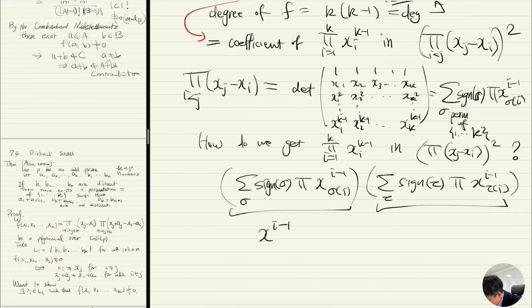So if I have x_i minus 1 term, then I need to multiply by x to the k minus 1 minus i minus 1 term, right? So if this is sigma i, this sigma i has to be equal to tau of k minus 1 minus i plus 1.